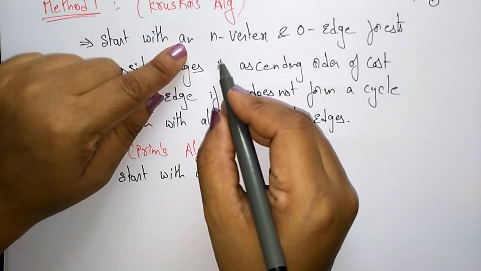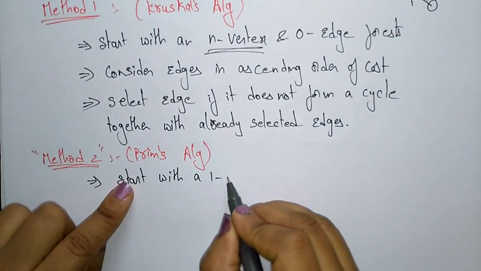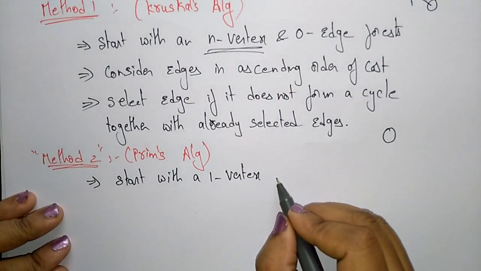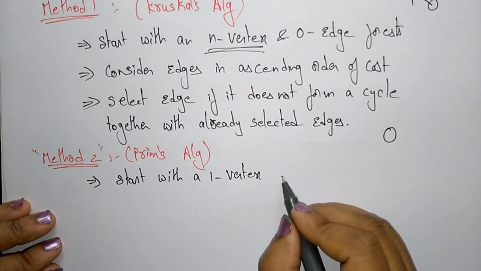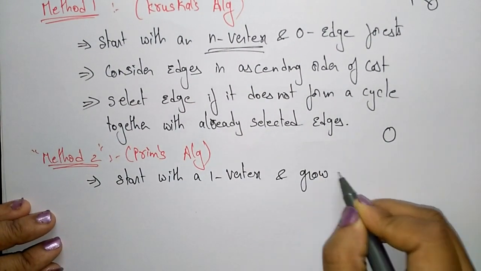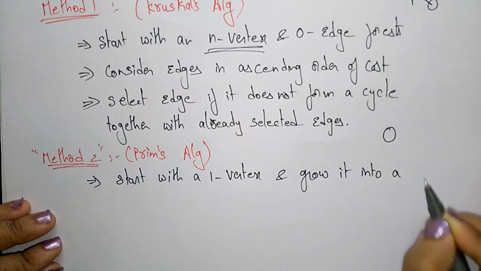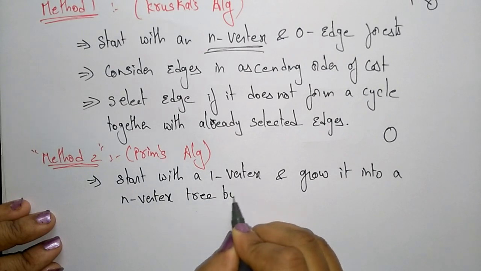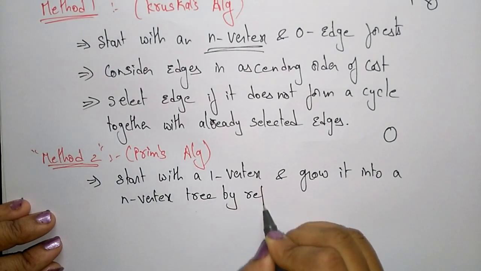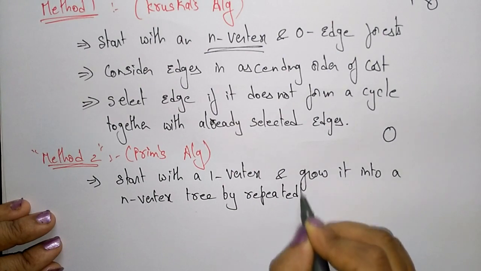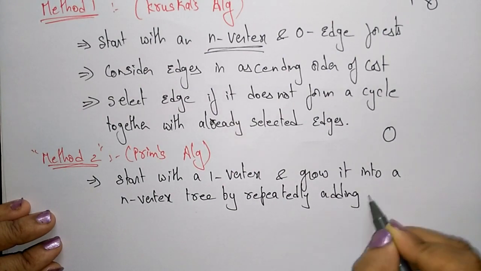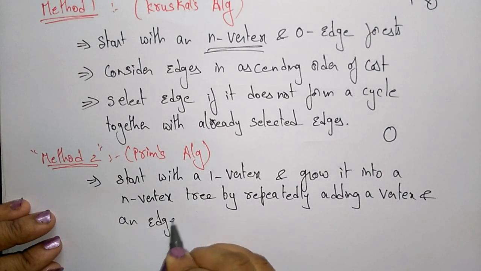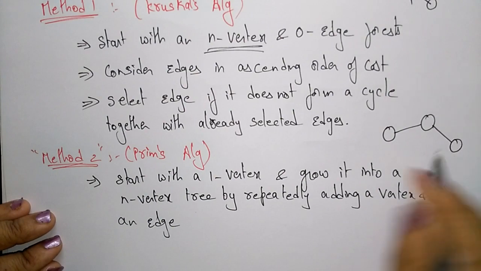Here we started in Kruskal's with n vertices, but in Prim's algorithm we have to start with only one vertex, and grow it into an n-vertex tree by repeatedly adding a vertex and an edge. So by repeatedly adding a vertex and edge, you have to be connected like a tree.